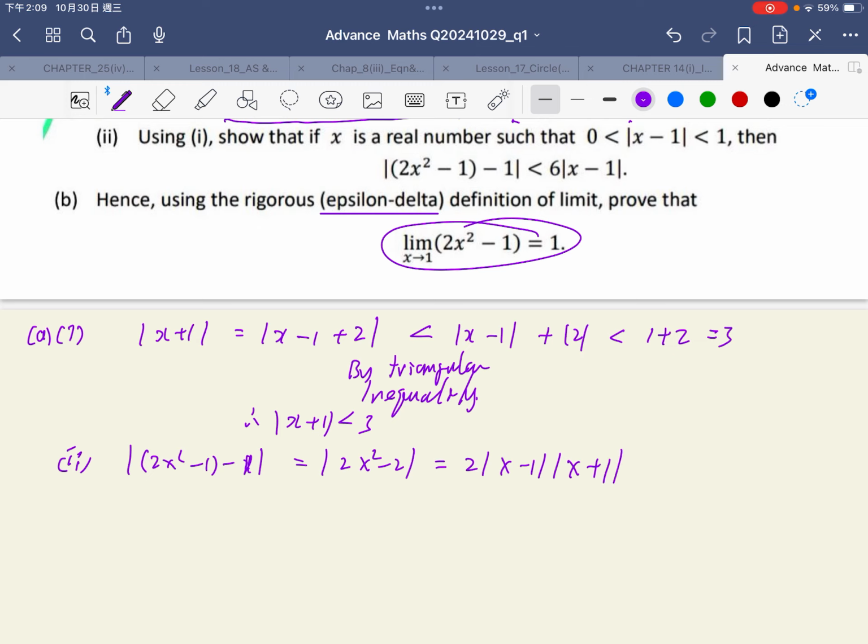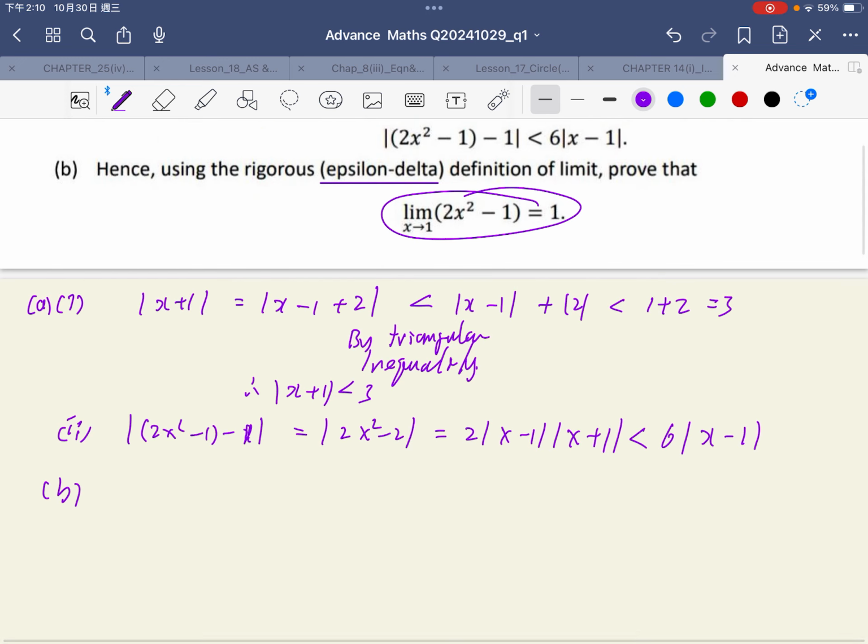By the previous part, x plus 1 is less than 3, so this can be changed with the inequality sign to 2 times absolute x minus 1 times 3. Then we prove the inequality. That is question 1.